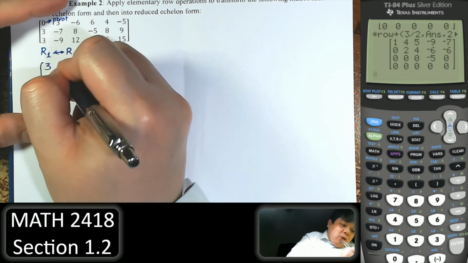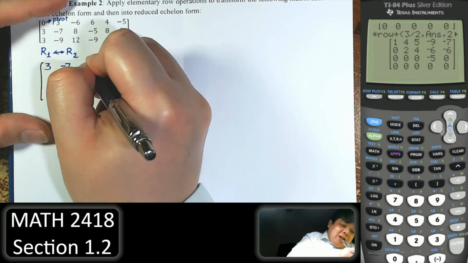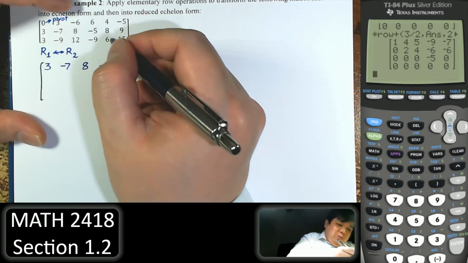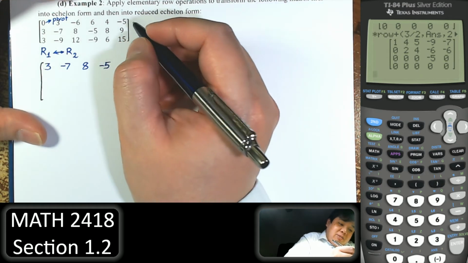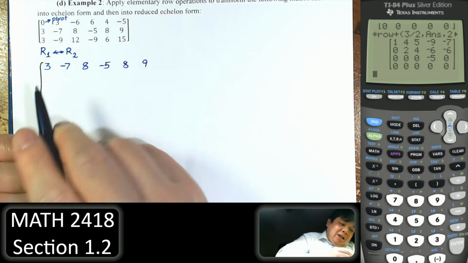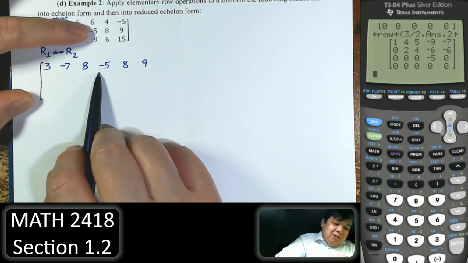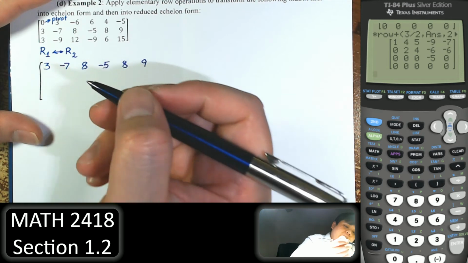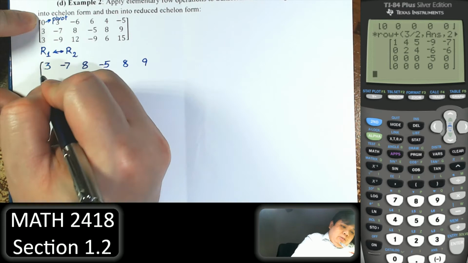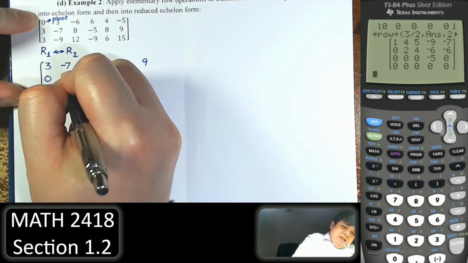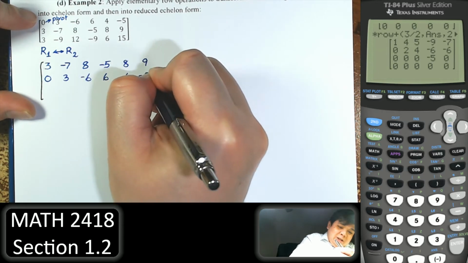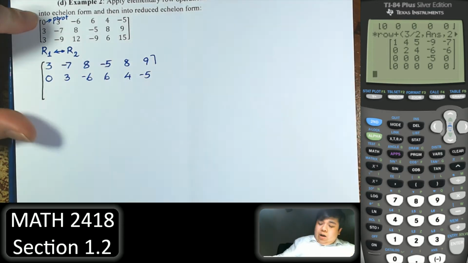By the way, this is a sample from the book. There's no need to have a matrix that has 6 columns like this. Row 3 will stay the same.